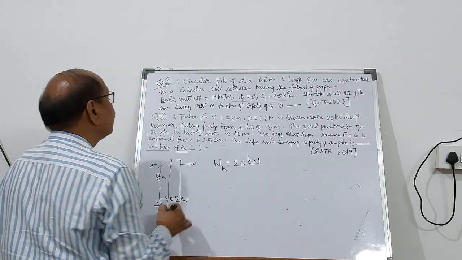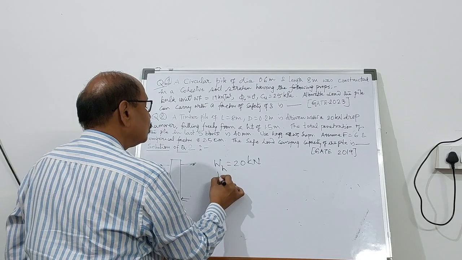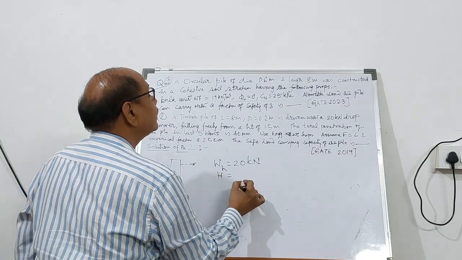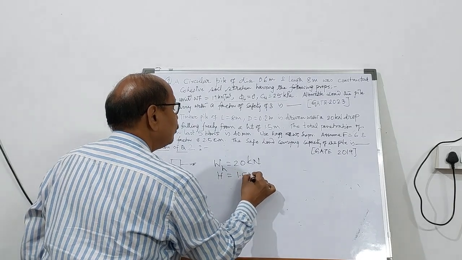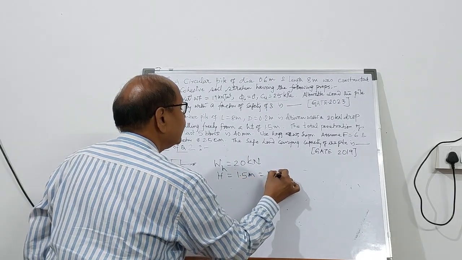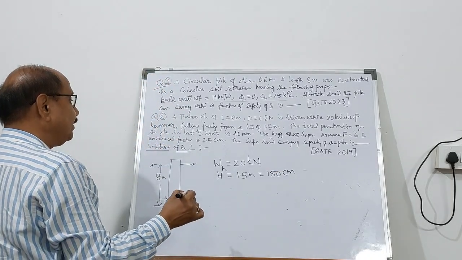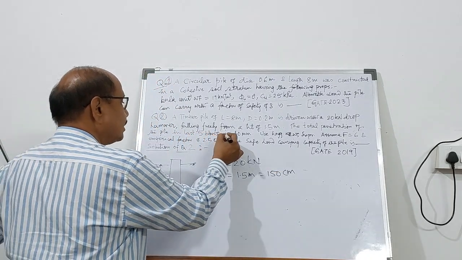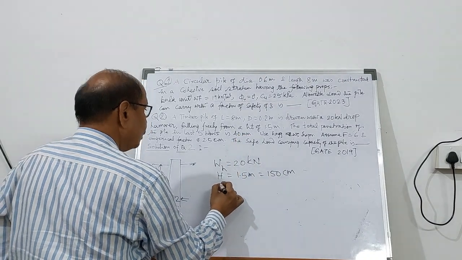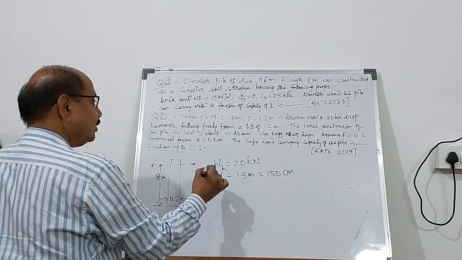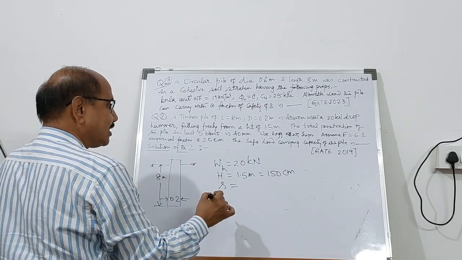Falling freely from a height, the height of fall of the hammer is given as 1.5 meter, that is 150 centimeter. The total penetration of the pile in the last 5 drops is also given. So you can calculate the set.